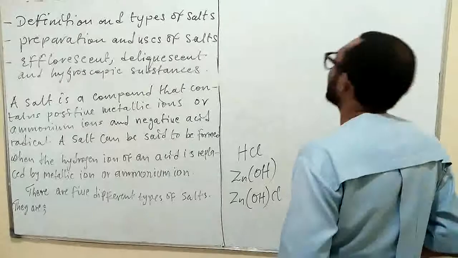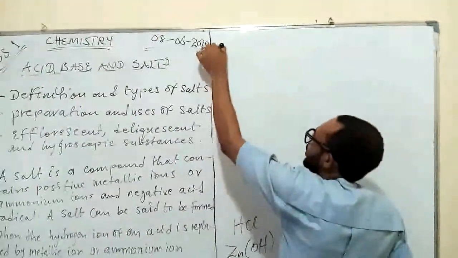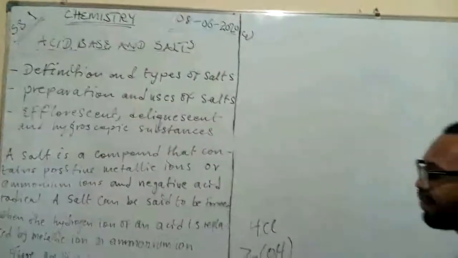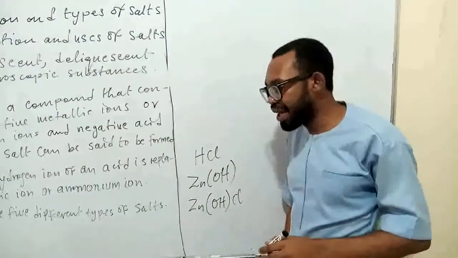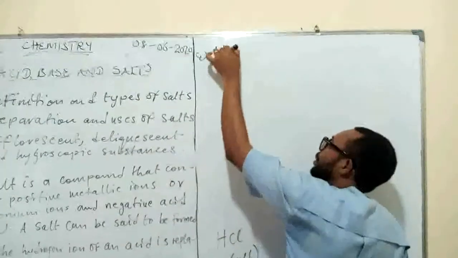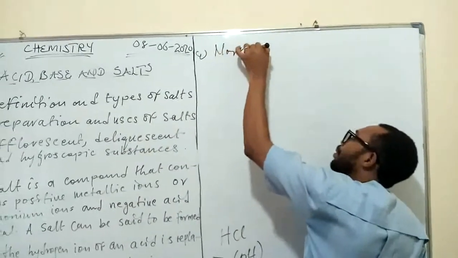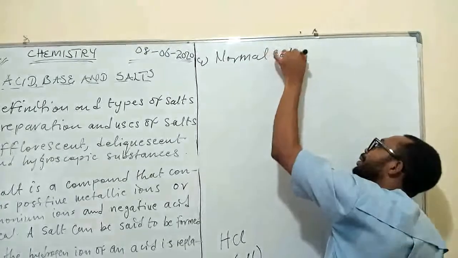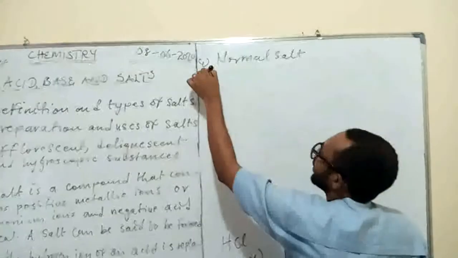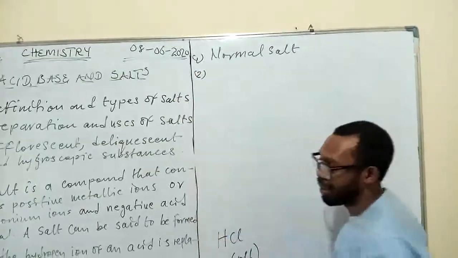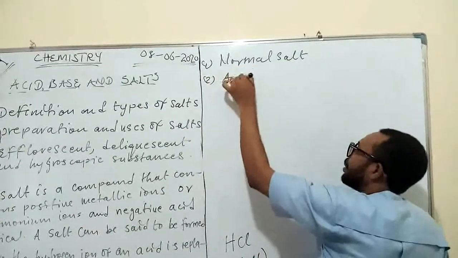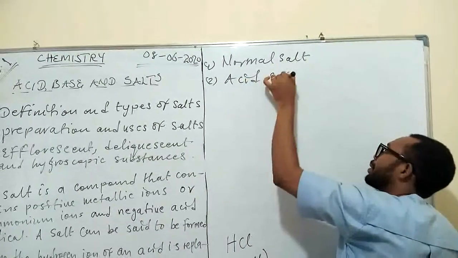Okay, types of salt. The first type is the one you know very well, which you use at home. There are 5 different types of salt. The first one is normal salt. This is the salt you use in the kitchen. The second type contains hydrogen ion, which is acid salt.